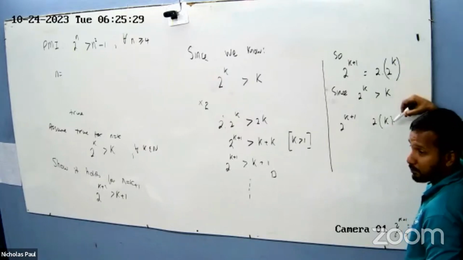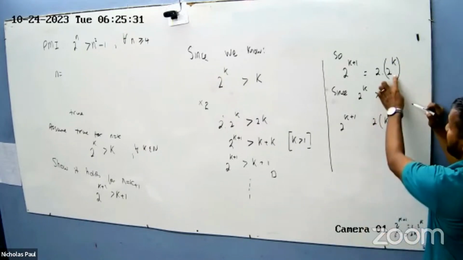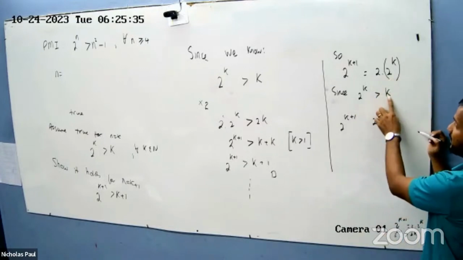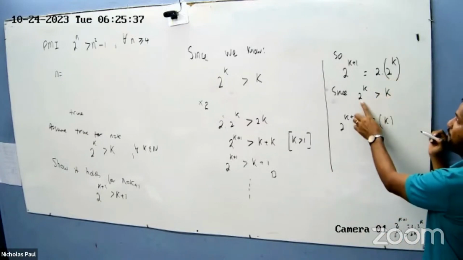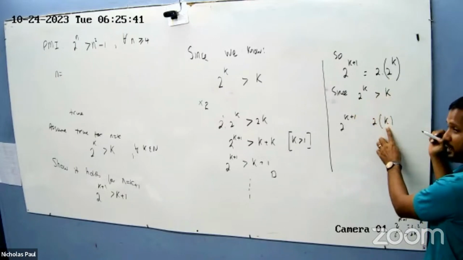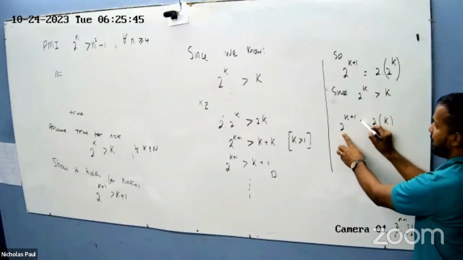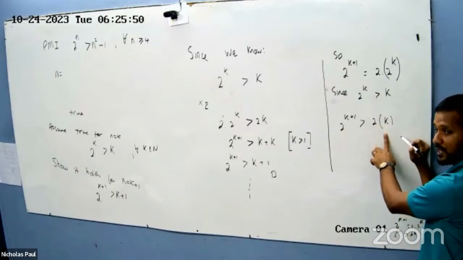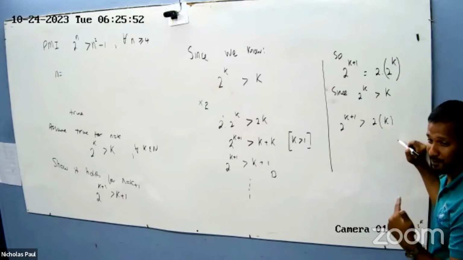This is bigger than this. So if I take off this and I put a value that is smaller to replace it, then this whole thing becomes smaller. So it means that this will be larger than this. You're seeing that? So think about that as well.